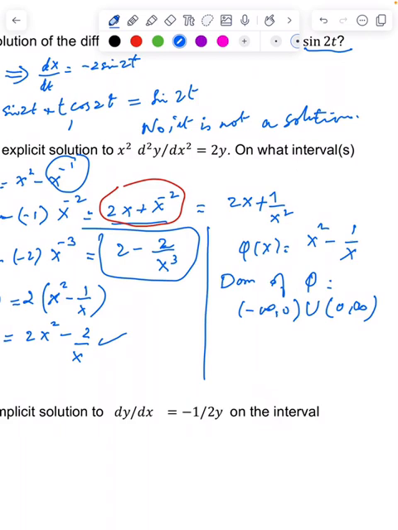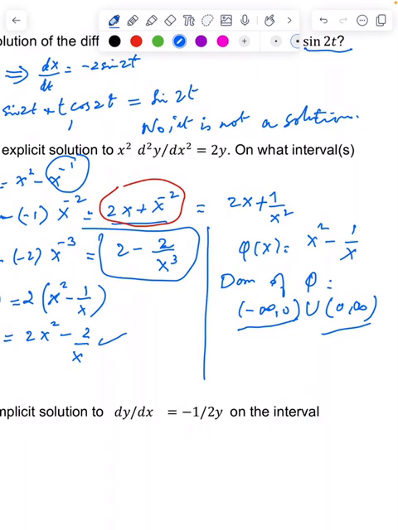It cannot be at the same time on both intervals, because it would have to cross the vertical asymptote, which functions cannot do. But it could be that for some initial condition, it will be in the left interval, and for another it could be in the right interval.